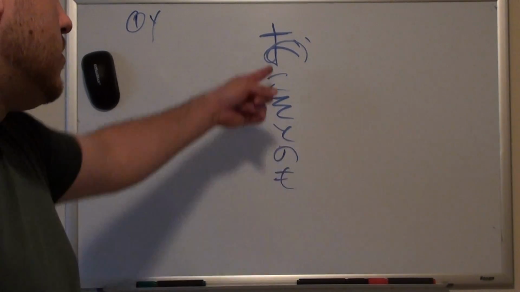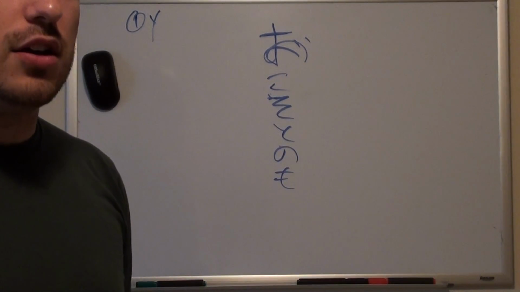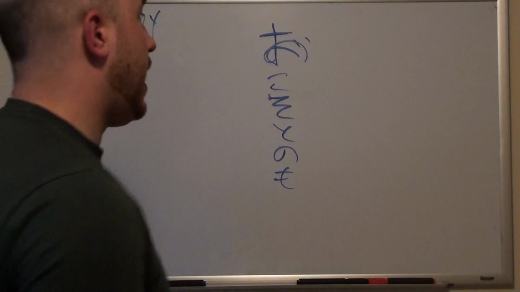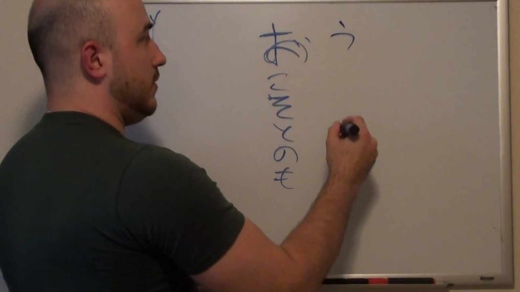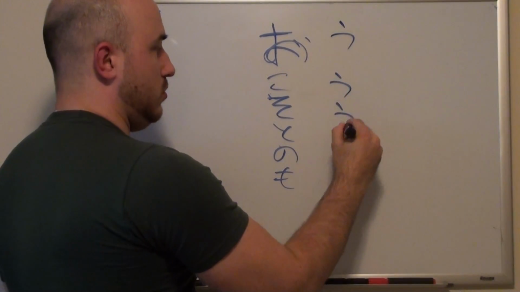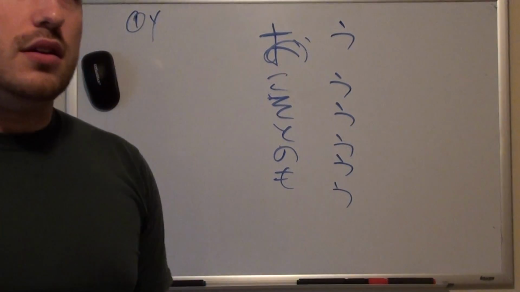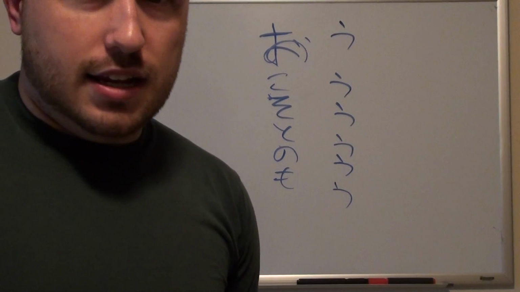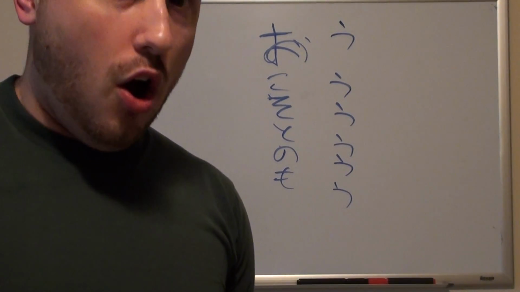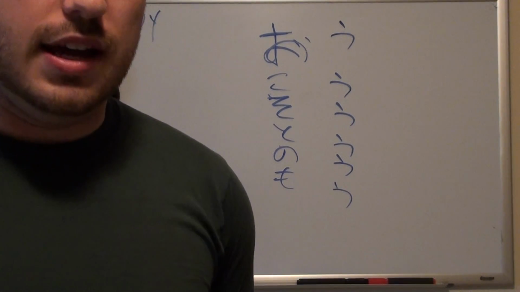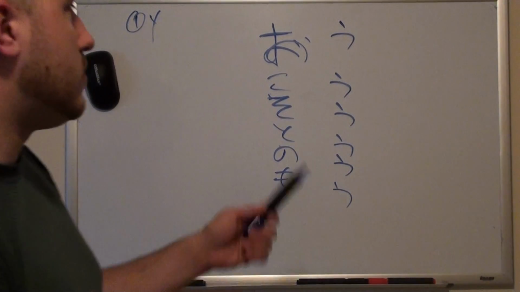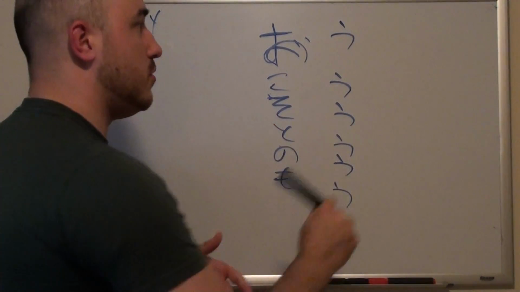So as opposed to just ko, we can make it koo by adding an u at the end of it. You might think that it should be an o. However, it's an u.